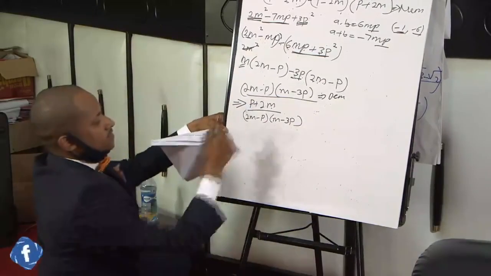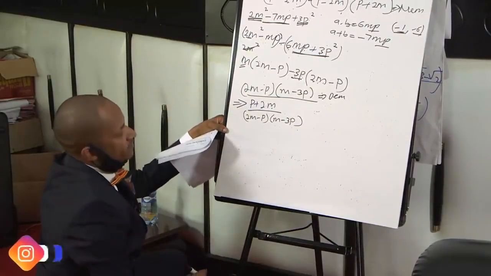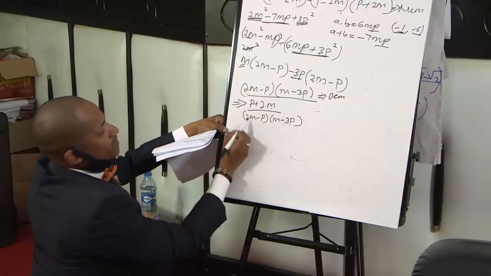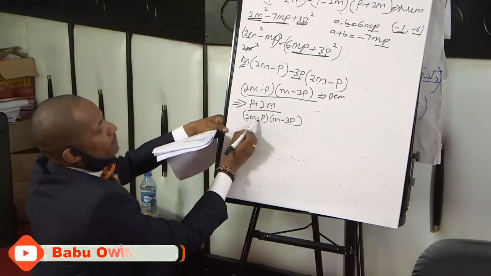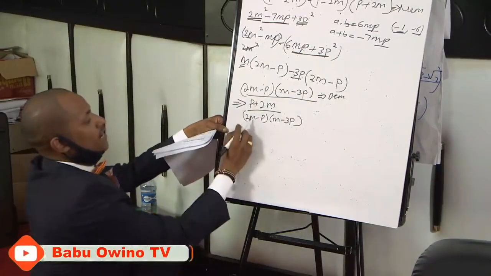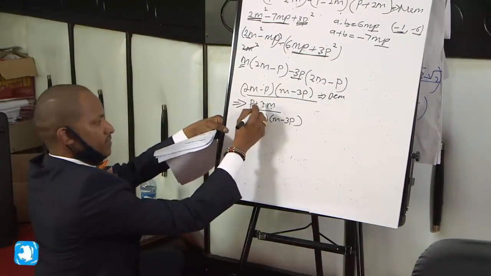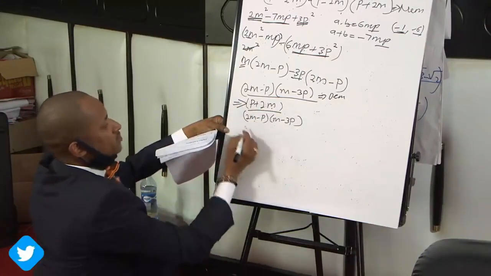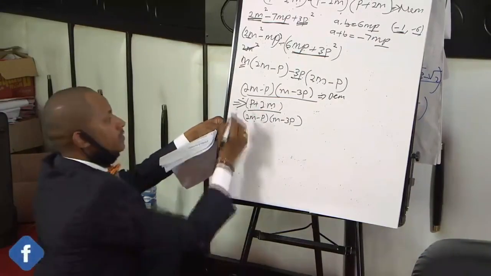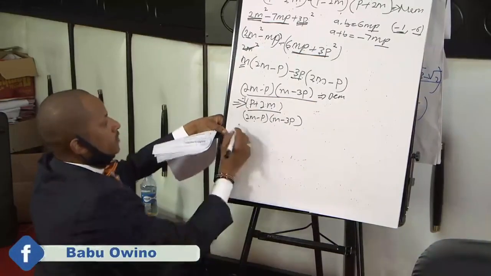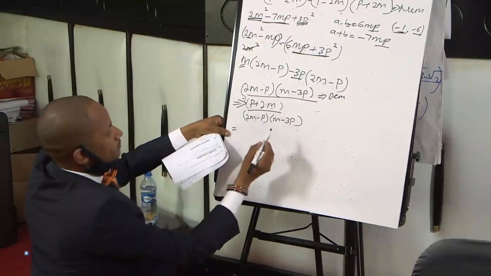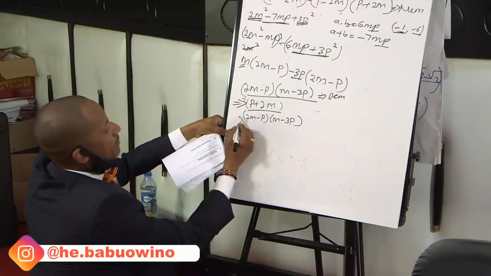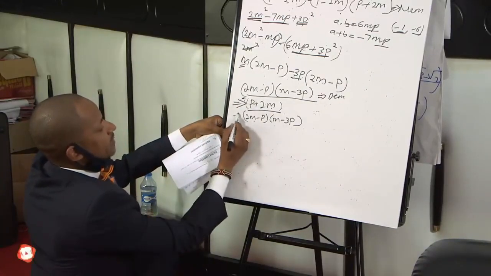From this, we want to simplify further. So how do we simplify it? We have p plus 2m, but here we have 2m minus p. So we can make this equal to this by simply multiplying the upper part and the downer part by negative 1.